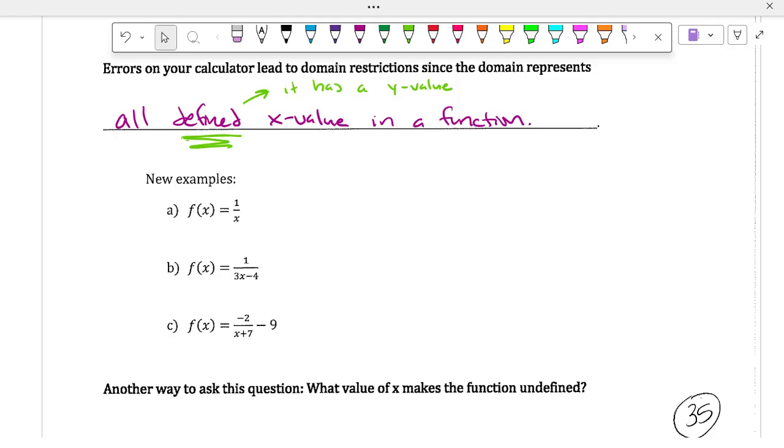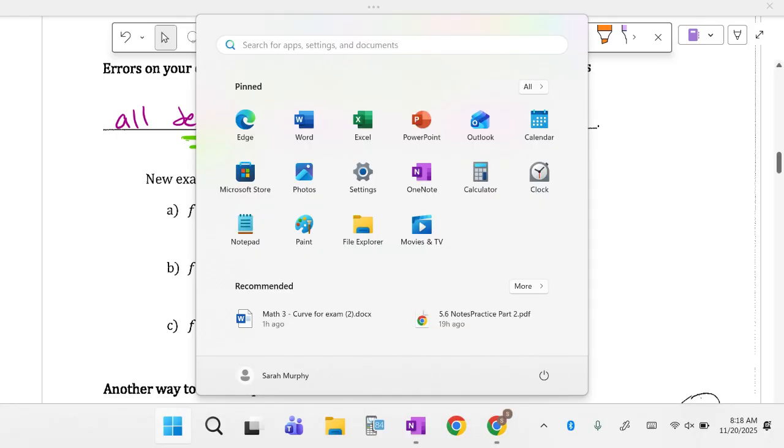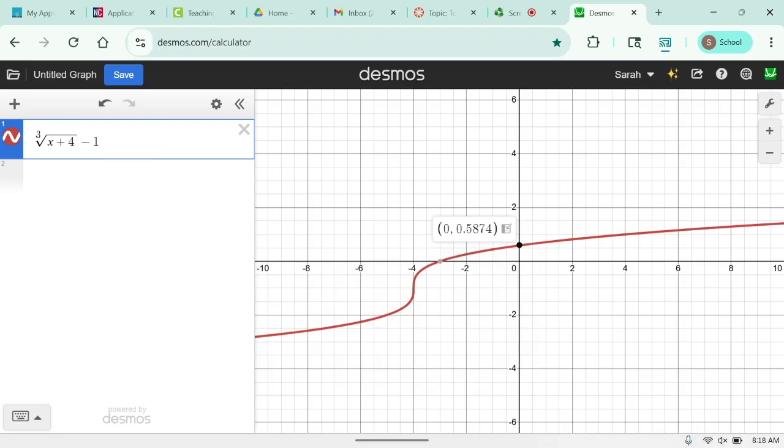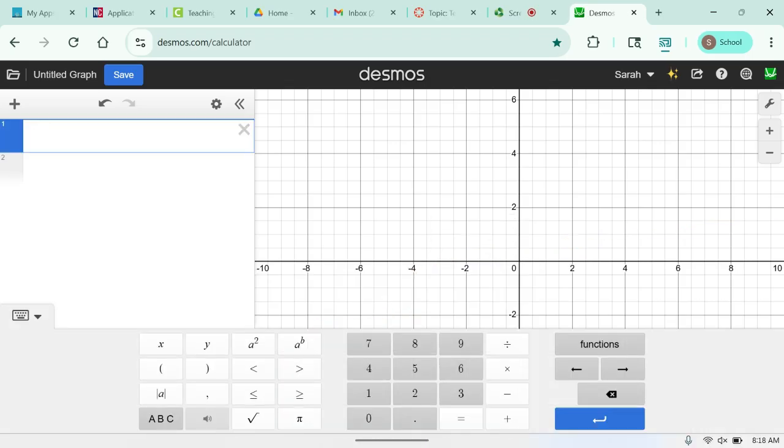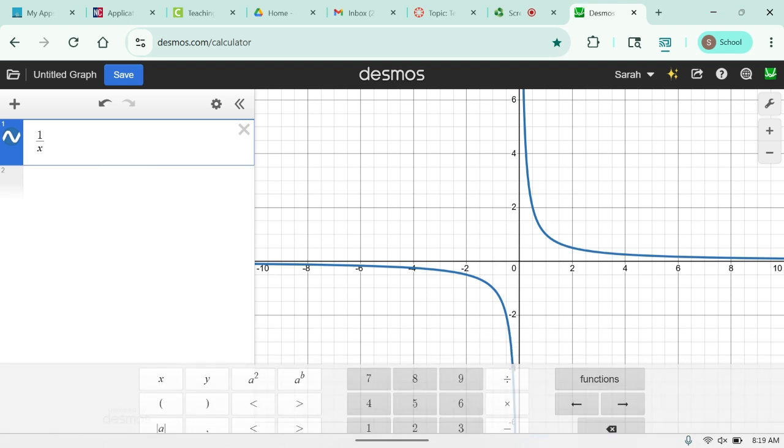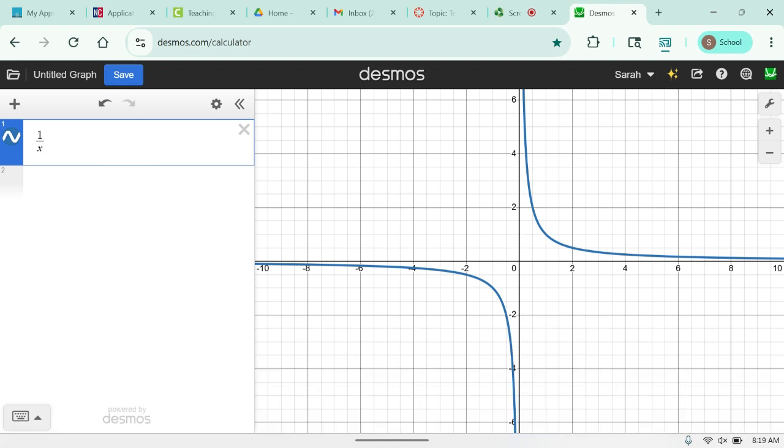You don't need to type in f of x. You can just type in y equals. I know it's going to take you a minute to get your computers out, but when you type in this graph, what does it look like is going on?